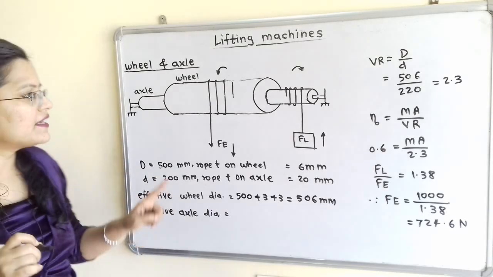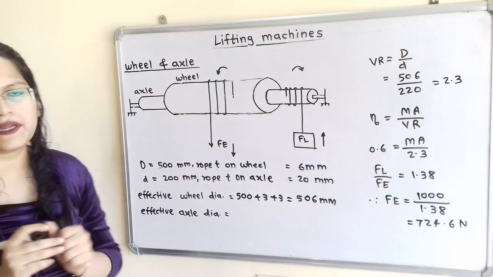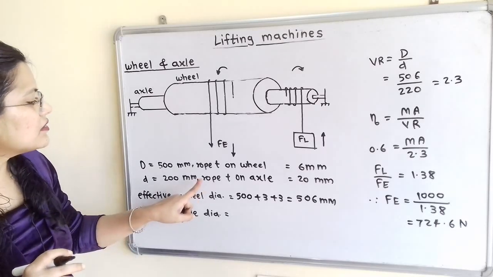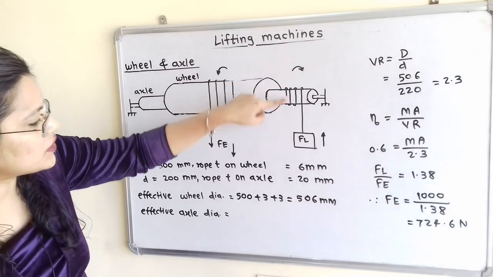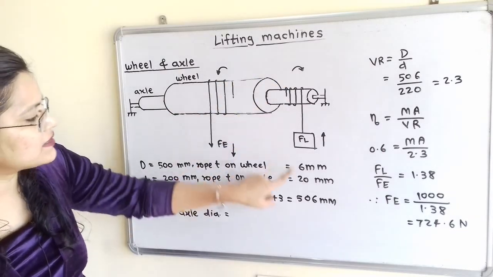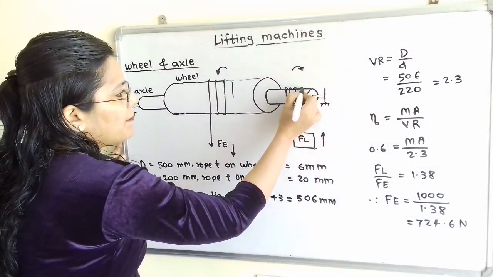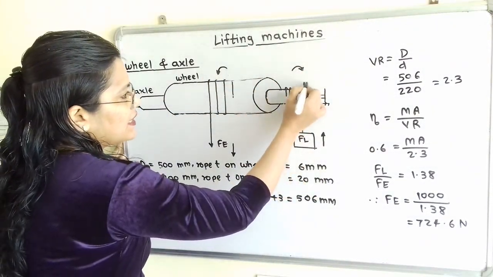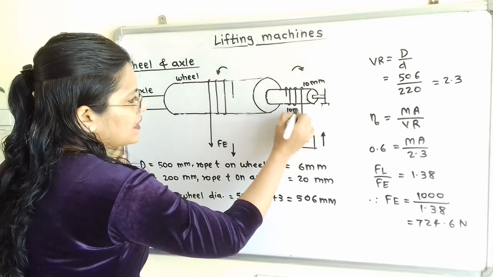Now in the same way, diameter of the axle small d 200 mm is given. Now the rope thickness on axle is also given. So this total thickness of rope on axle is 20 mm. So if we observe on this upper side, what is the thickness? 10 mm and on the lower side the thickness of rope is 10 mm.